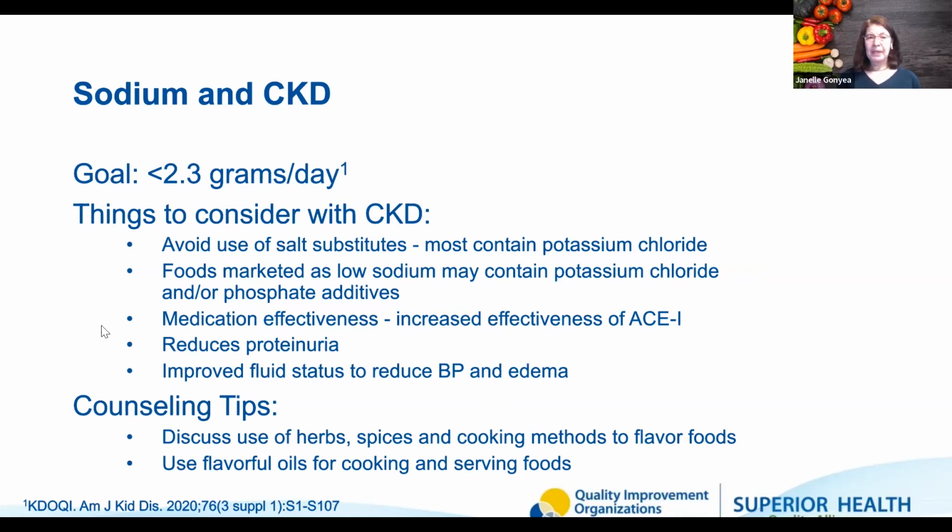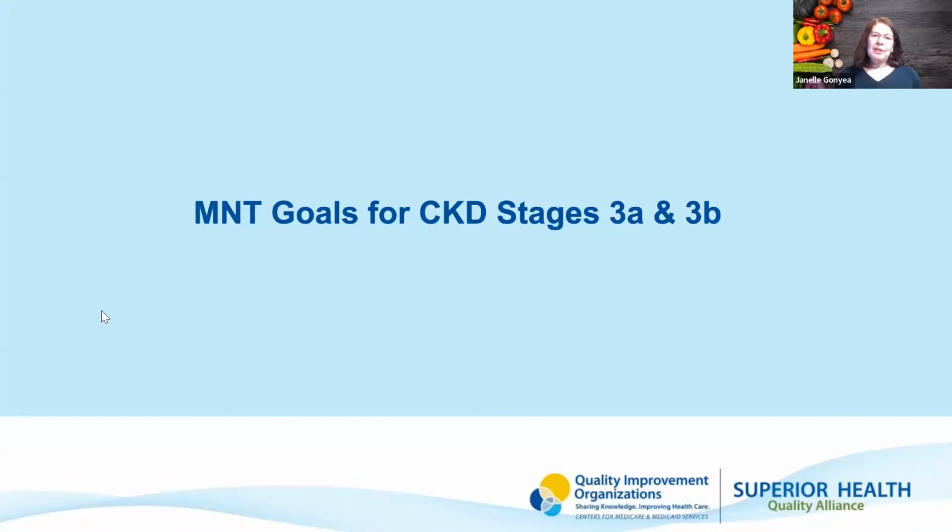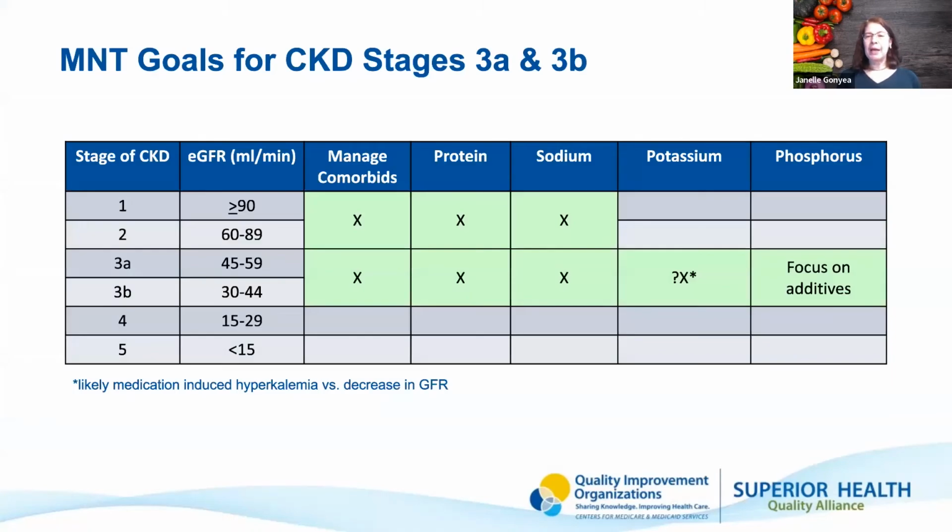Next, please. So we're going to march forward to stages 3A and 3B. Next slide, please. And you can see from our diagram that we're going to be bumping out the diet a little bit more. And this is just another reason that the earlier we can refer patients, the better. So we can start establishing some of these changes more gradually with the patient rather than having to hit it all at once.